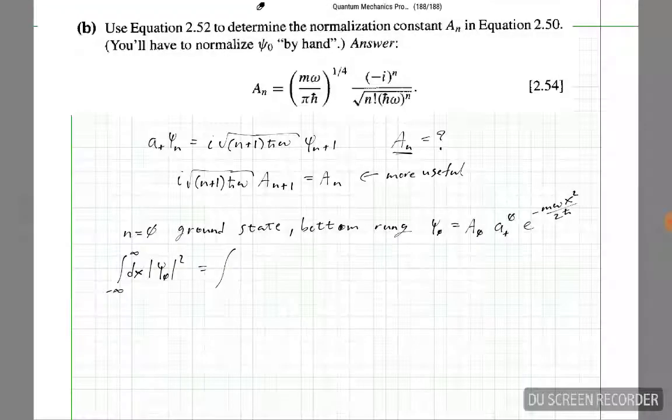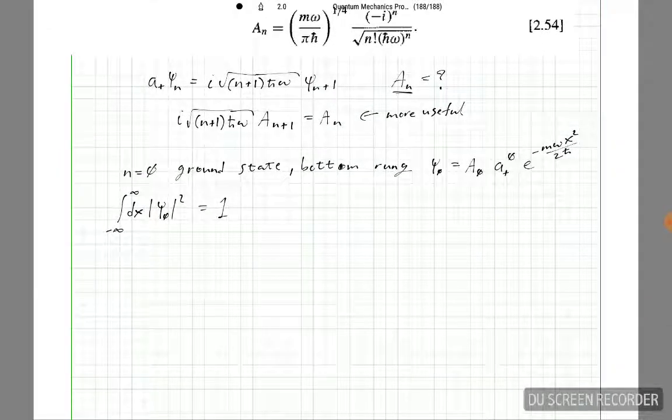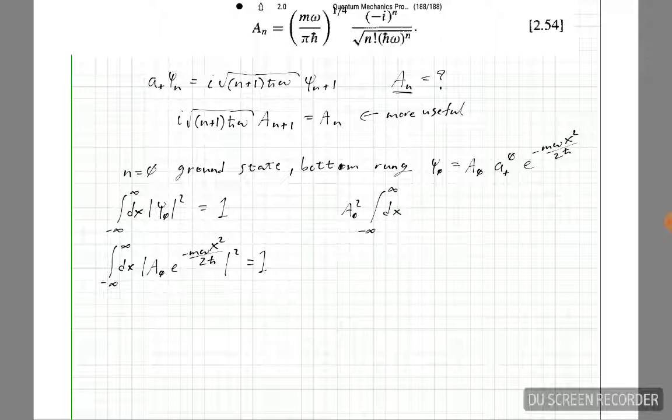I know that that equals 1 because it's normalized, because I'm going to make it normalized. Now I have A naught times this squared. You'll notice my wave function is real. That was one thing that I wanted to make sure I preserved. And then we just have this e to the negative m omega x squared over h bar.